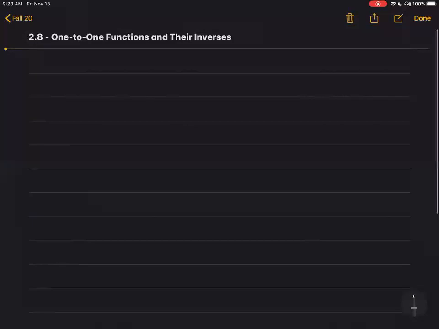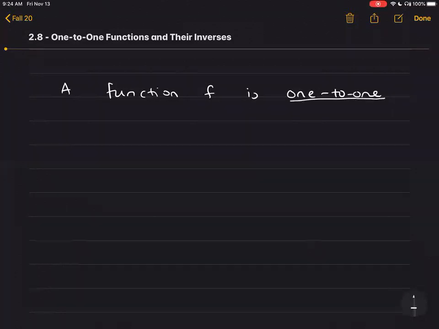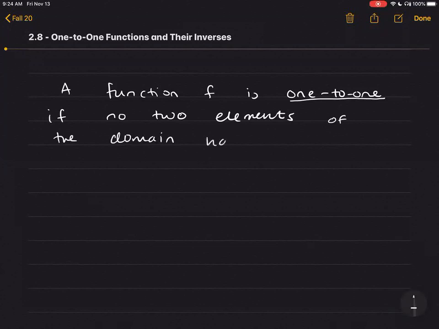A function f is called one-to-one if no two elements of the domain of f have the same output.